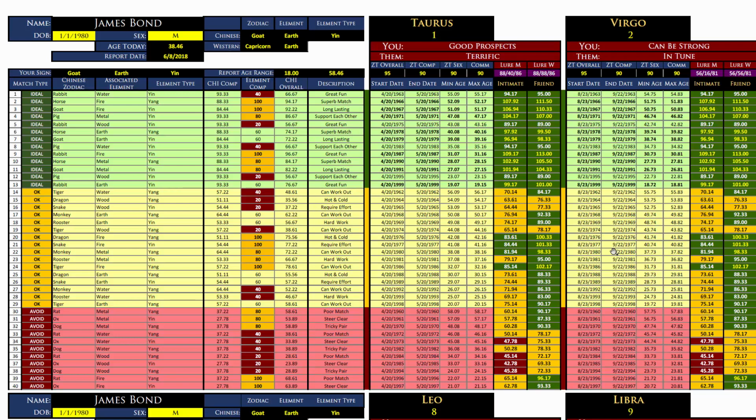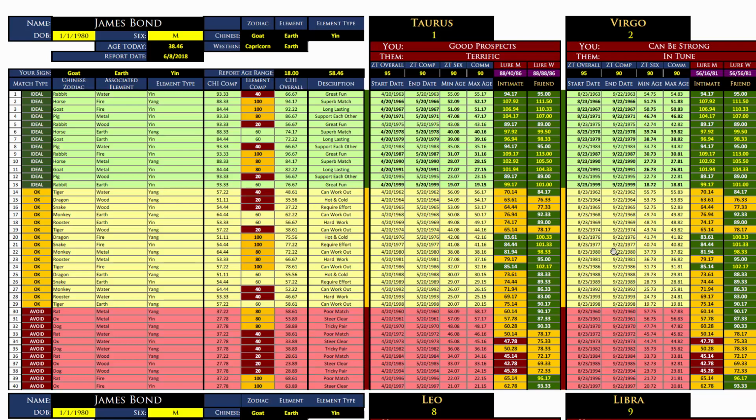So that's how we're able to calculate this magnetic factor of how attractive it is that the Capricorn and the Taurus find each other.